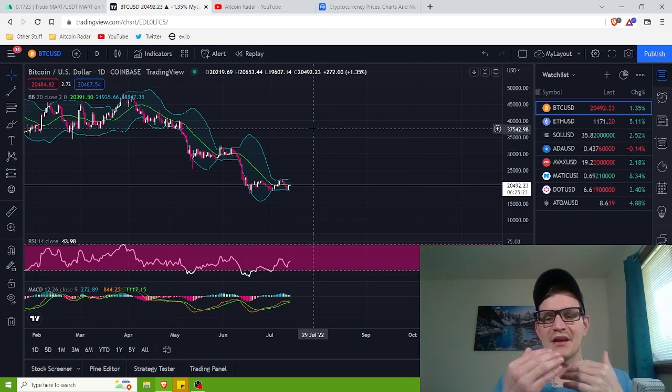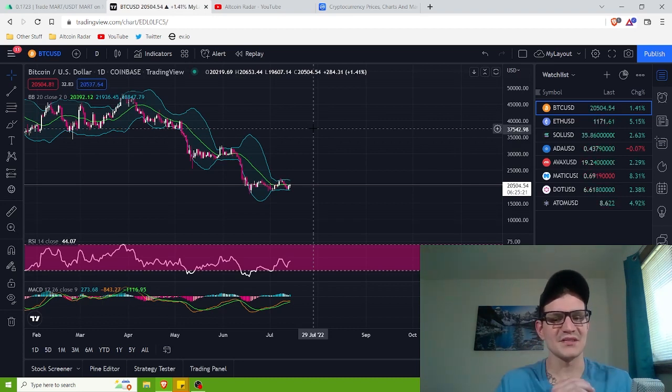Simply place a sell order with a stop loss just above the band if the price touches the top of the band, simply to hedge against a potential breakout here. And in order for you to profit, the price should move back down toward the average and possibly down to the bottom band as well.